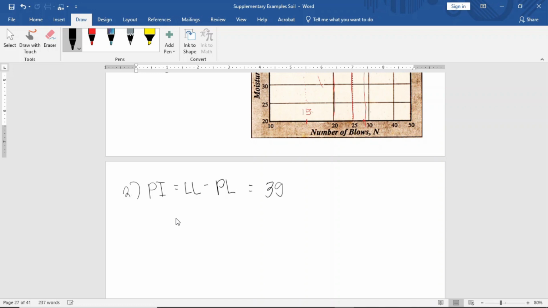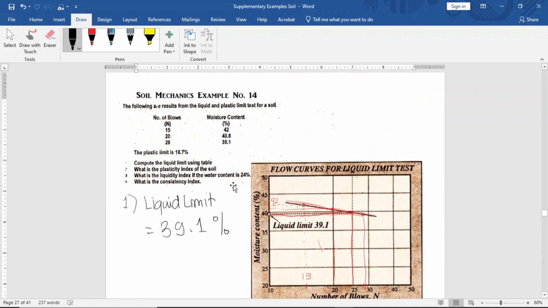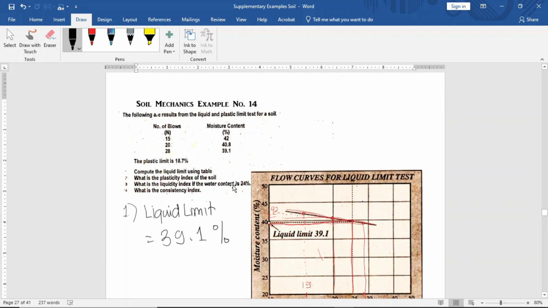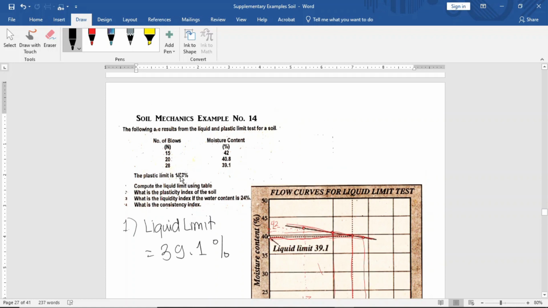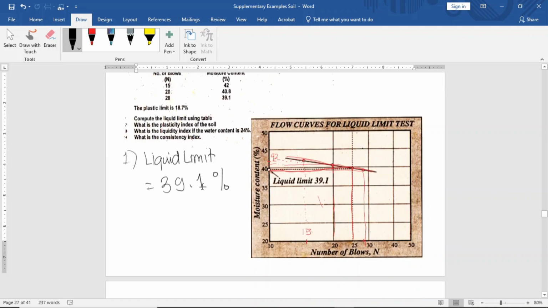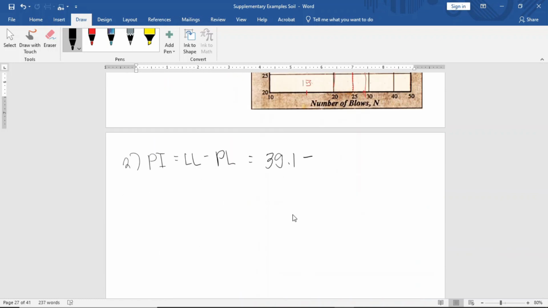So we input 39.1 minus the given PL, which is 18.7%. So 39.1 minus 18.7 is 20.4%. That is our plasticity index.